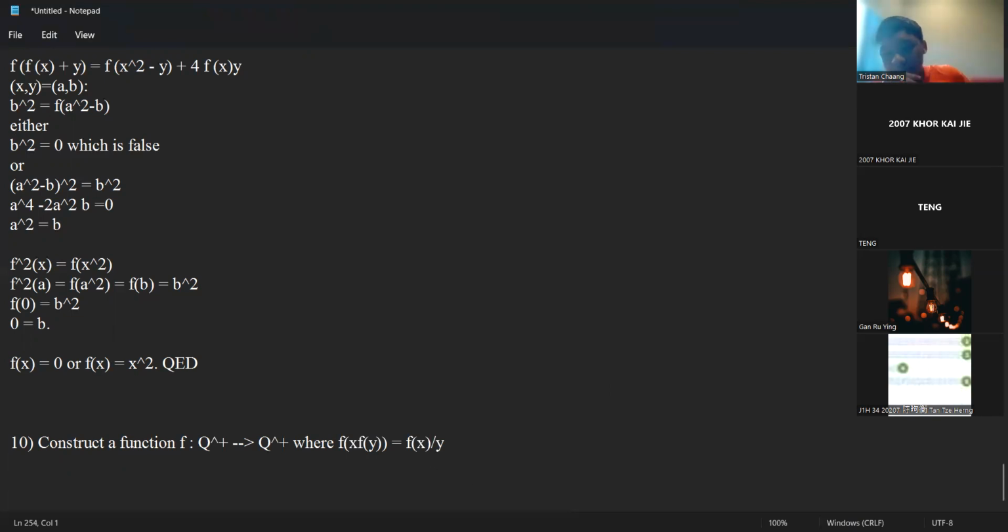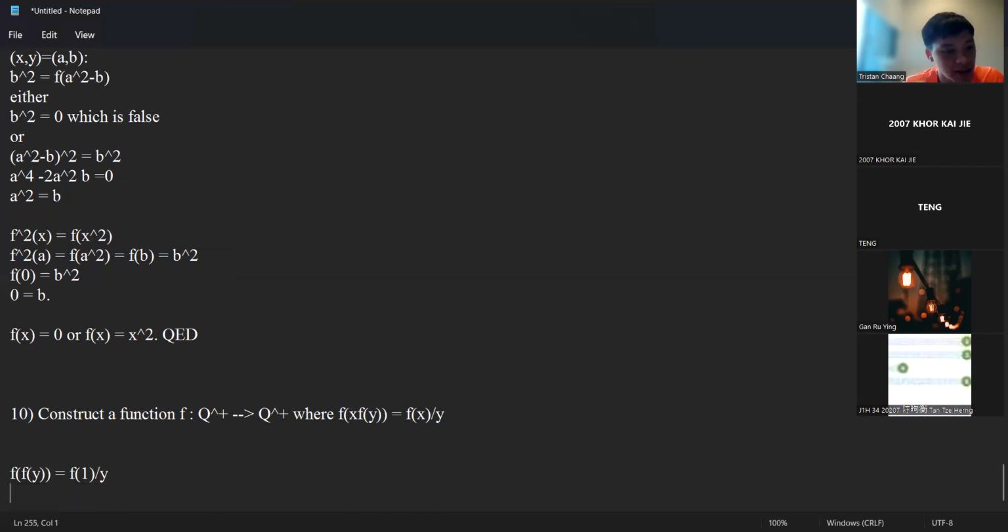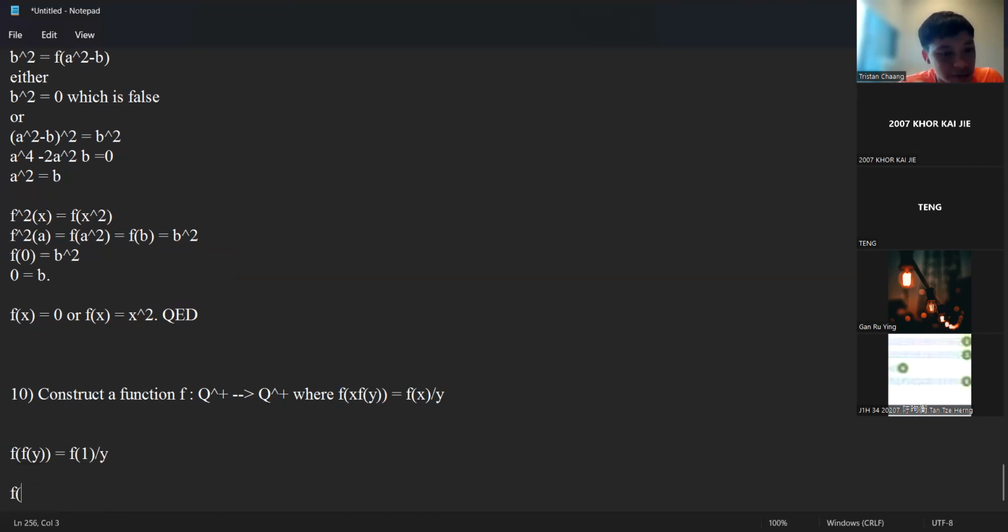So anyway, let's just plug in some values and see whether anything is useful. So we put x equals 1, we get this. We put y equals 1, we get this. And all right. So f(1) equals f(1). Does injectivity work here? It does, right? So this one implies injectivity and surjectivity quite directly.